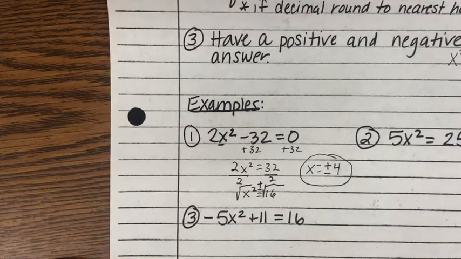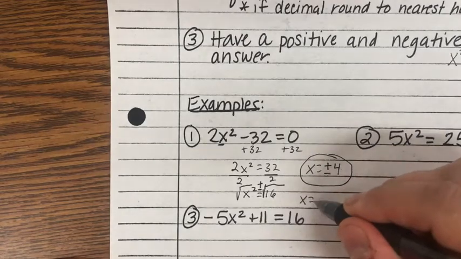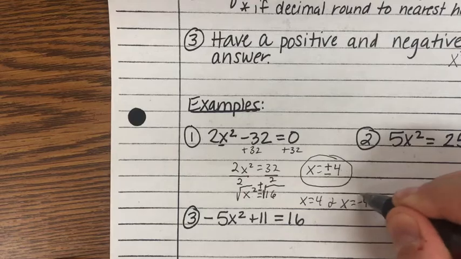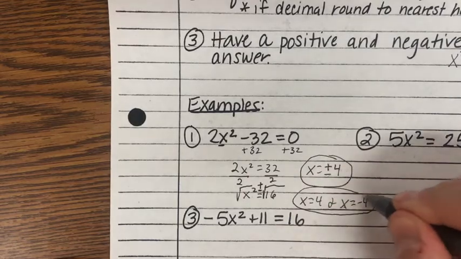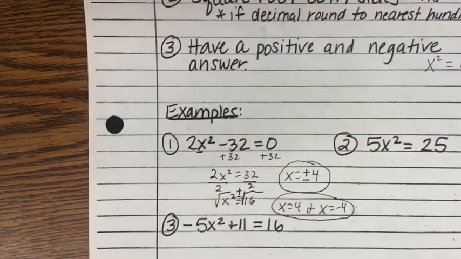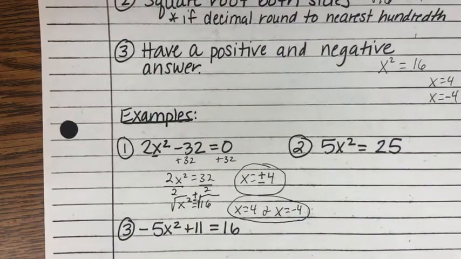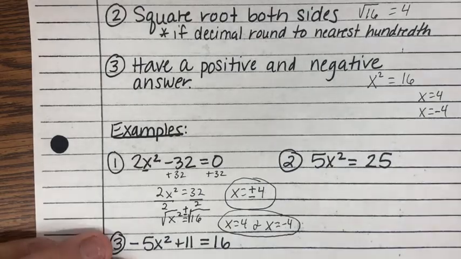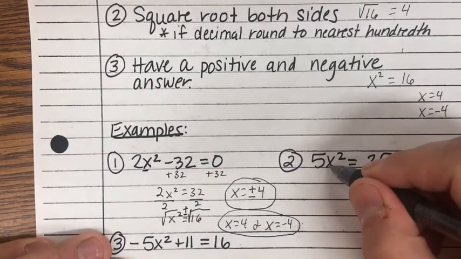Those are the two solutions. You could also write it as x equals 4 and x equals negative 4. Either way is acceptable. Okay? So that is using square roots. This is actually a little bit easier than factoring, but keep in mind it only works if there's just an x squared.